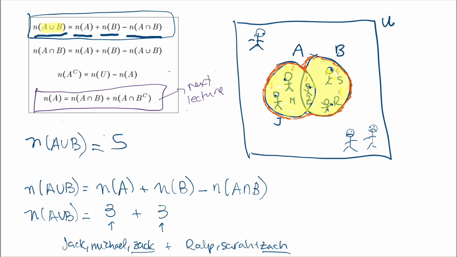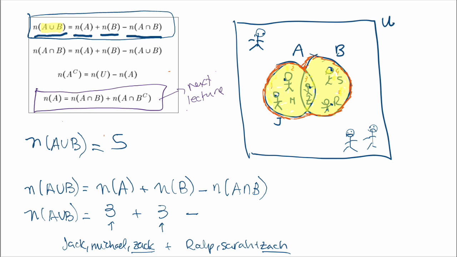So this minus intersection means that I have to subtract the overcountings. Okay. So what did I do? Well, I overcount Zach because Zach is sitting in the intersection, because Zach is at the same time in A and the same time in B. Okay? So what the formula is telling me: don't overcount, subtract the number of people you're overcounting, the number of elements you're overcounting.